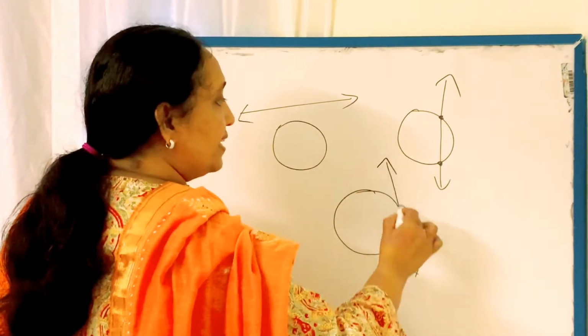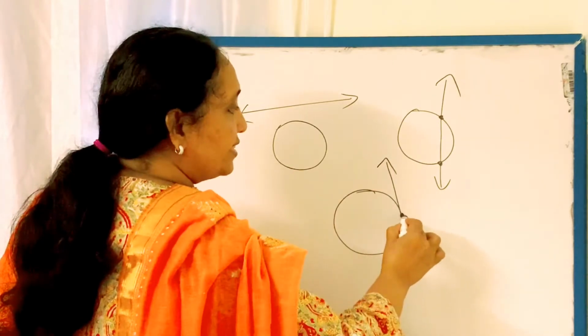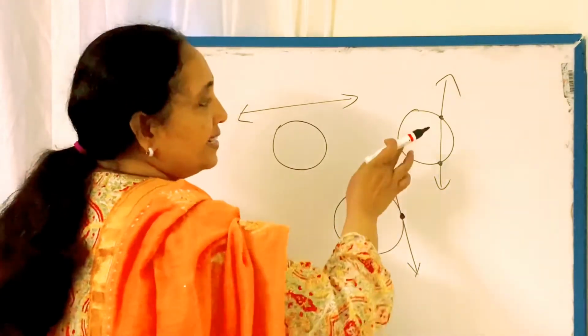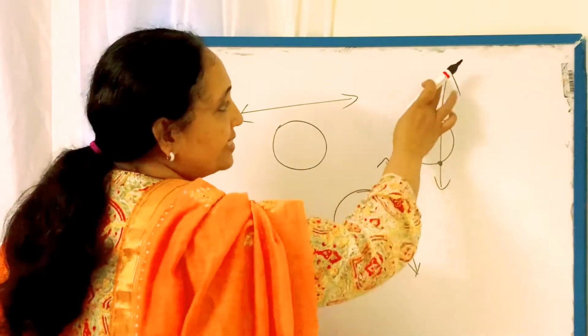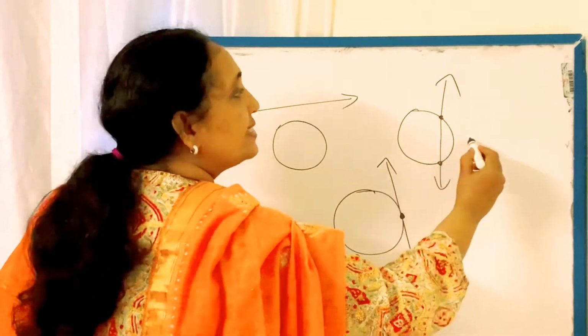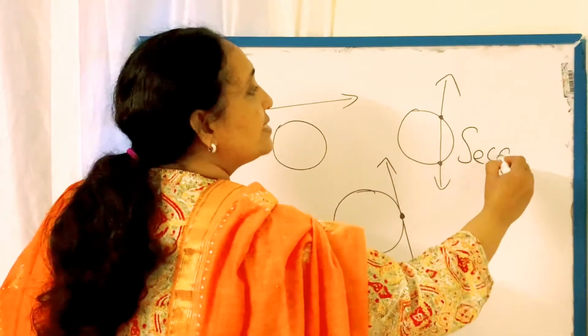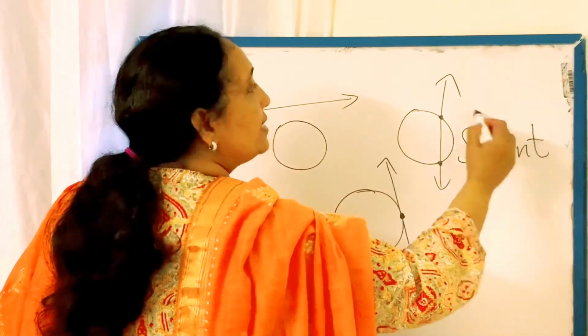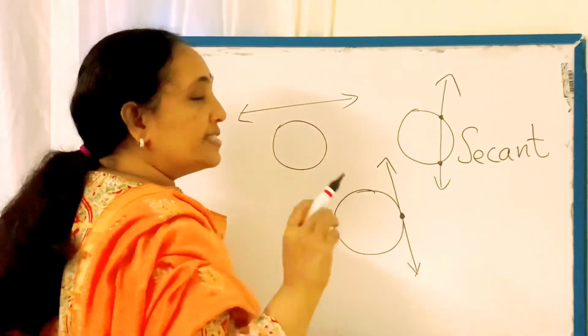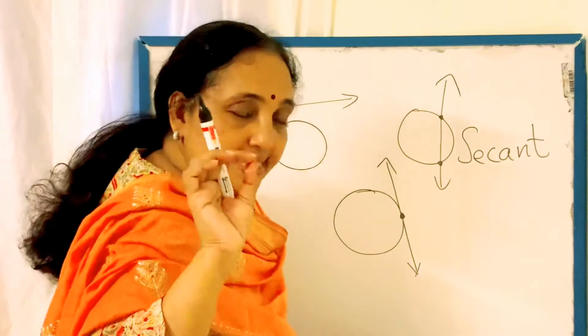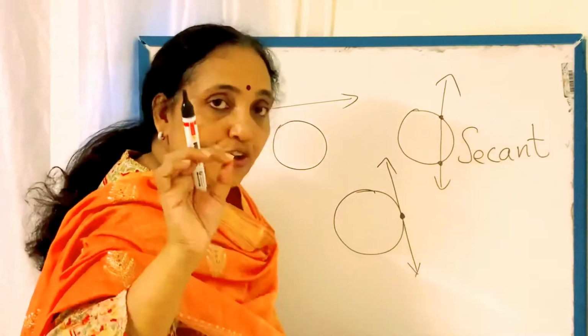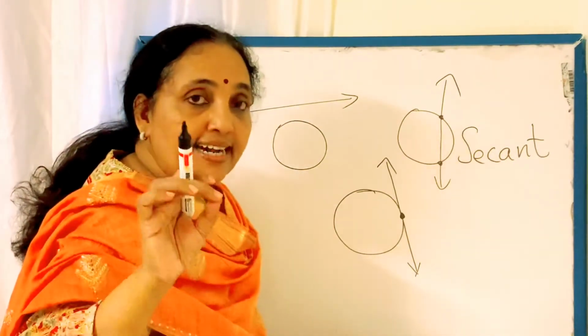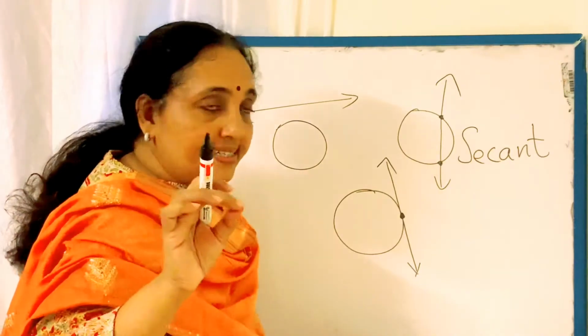Here, the line touches the circle at 1 point. Here, in this case, this line is called the secant to the circle. That means secant means a line which intersects the circle at 2 points.